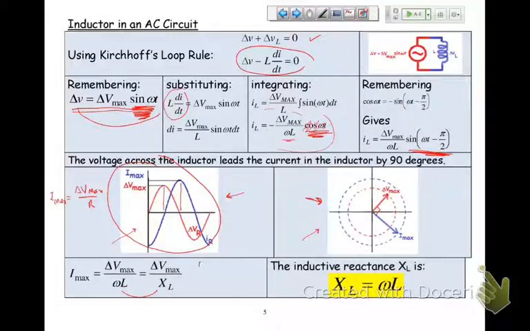I think it's also important to recognize that if my frequency is increasing, this being the frequency of the oscillator driving this whole thing, then the inductive reactance just increases with omega. Because L is constant, a certain inductor has a certain L, omega is the only thing I can change. It's a nice linear relationship.